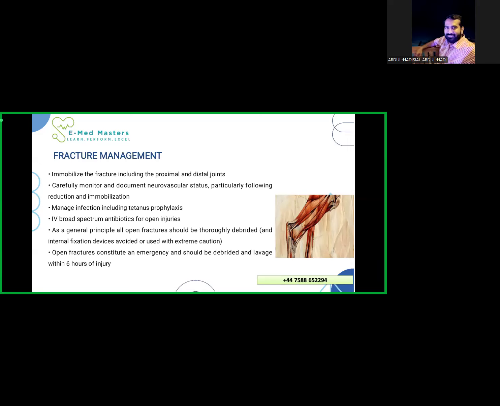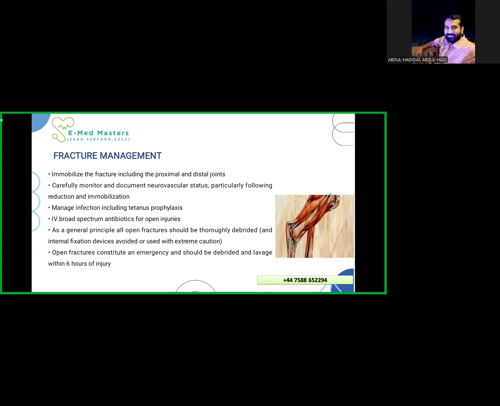Open fractures always constitute an emergency. You have to debride the wound and stabilize the fracture with the help of an external fixator. If there is a large wound or vascular compromise, you have to revascularize the structure. If there is only the open wound, we have to involve the plastics, and coverage of the wound is necessary.